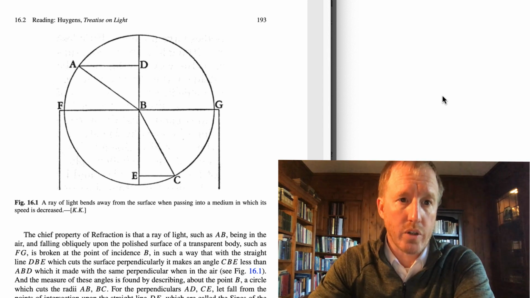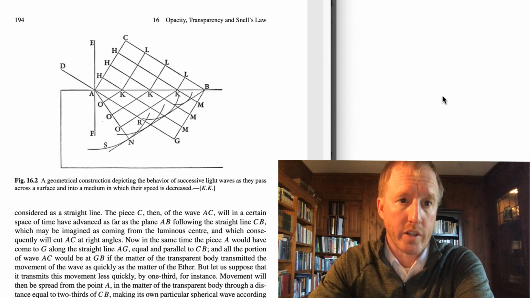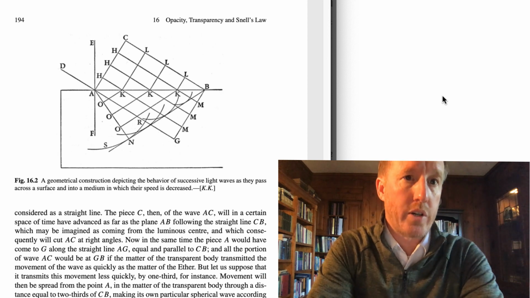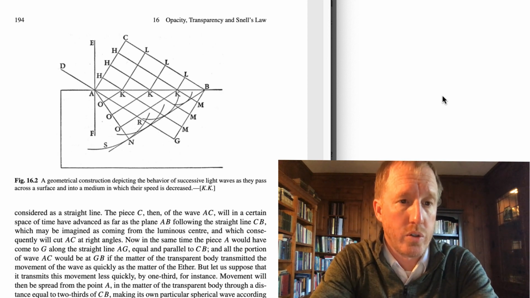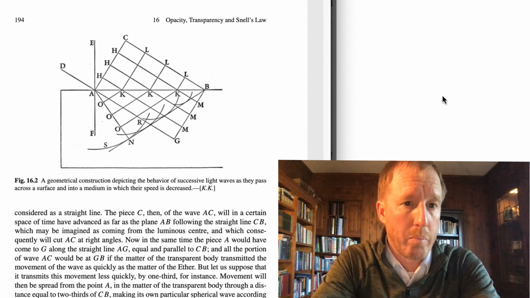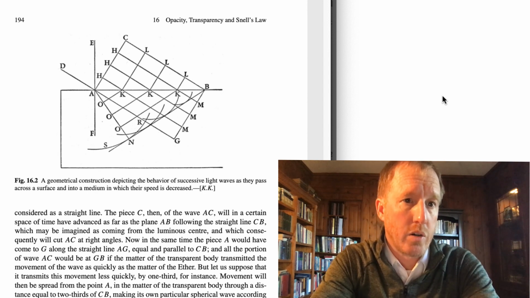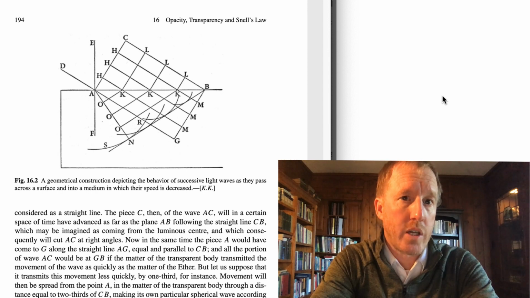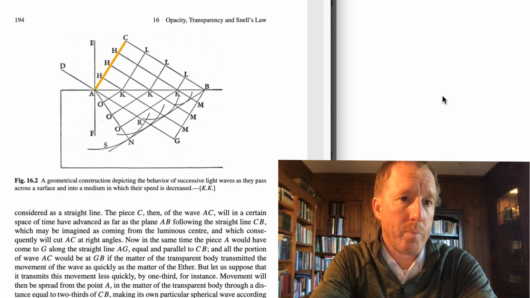How does Huygens approach this using his wave theory of light? This is illustrated on page 194, figure 16.2. Here we have a block of glass, let's say, and an incoming ray of light that can be represented by wave fronts coming in. So the line segment AC would be a wave front at any particular moment in time.